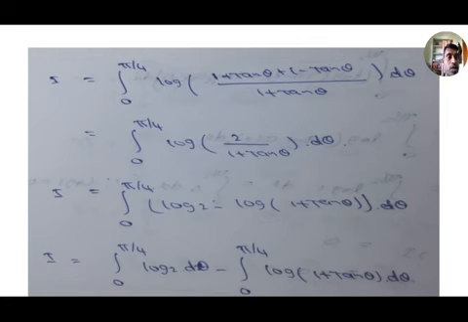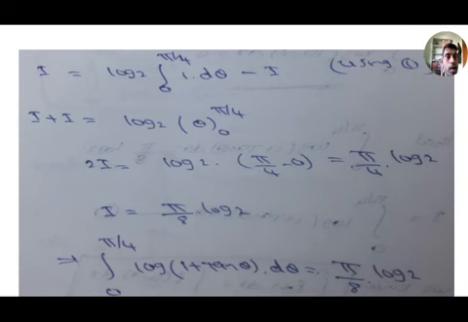So on simplification we get log of 2 by 1 plus tan theta. Log a by b is log a minus log b, and separate the integration. The second integral is the I of the given problem, and log 2 is outside, and 1 into d theta, integration of 1 is theta, from 0 to pi by 4 with respect to theta.